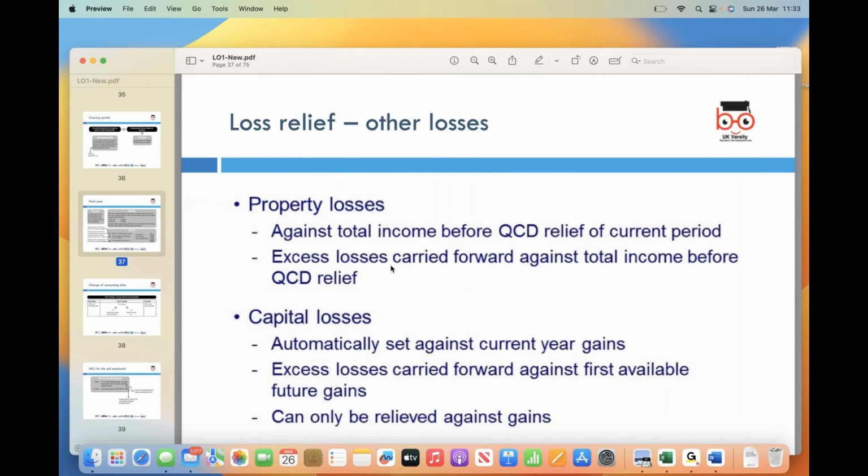If there are any excess losses, they can be carried forward to set off against total income before QCD relief in future periods. For capital losses, they are automatically set against the current year's gains. If there are any excess losses, they can be carried forward to set off against the first available future gains. Capital loss can only be relieved against gains and cannot be set off against income.